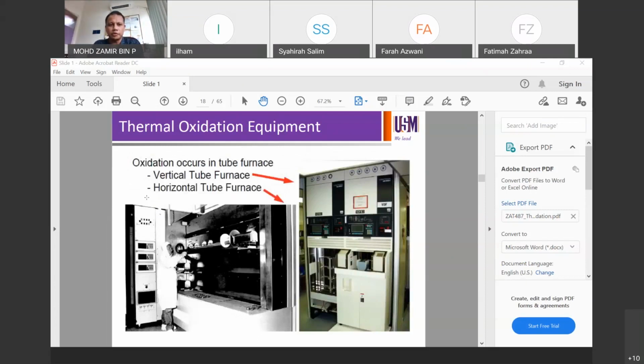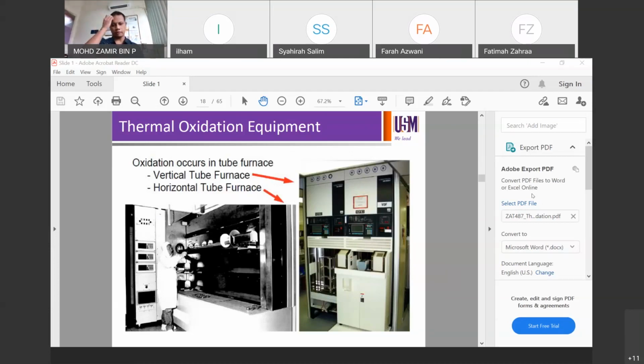So what's the difference between wet and dry oxidation? What's the main difference between wet and dry? Wet uses H2O and dry uses O2 gas.